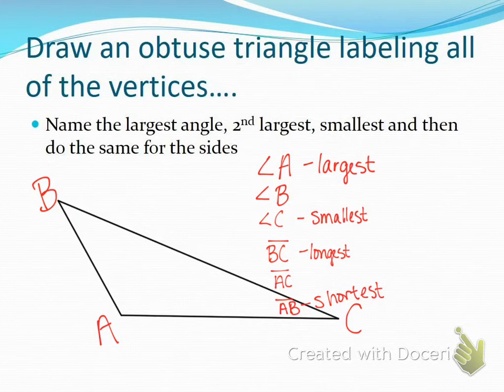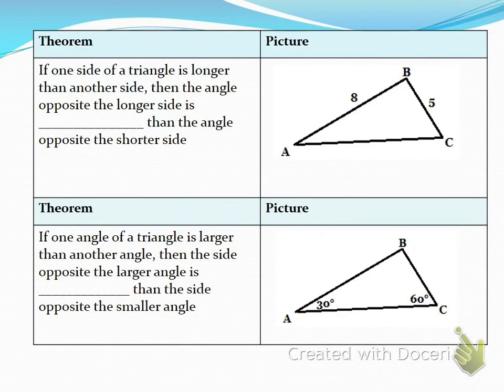Now, if you have not recognized some sort of relationship between the sides and the angles just yet, that's what we are about to talk about today. Okay, so this was just an exercise in labeling. You might notice there's some sort of relationship between the largest angle and the longest side. If not, let's talk about it.